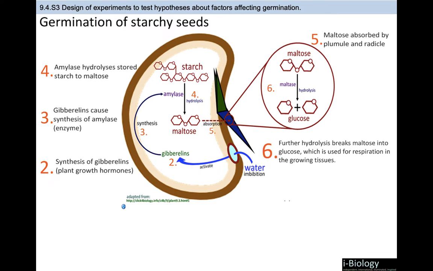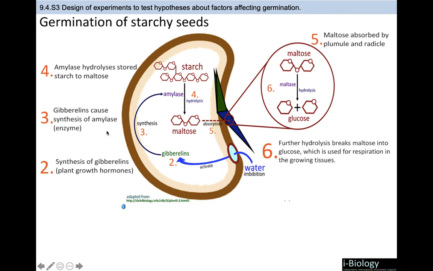And amylase is an enzyme that breaks down starch into maltose. So we see amylase hydrolyzing the starch that was stored in the seed into maltose. And then that maltose will be further broken down by maltase into glucose. And then the glucose can be used by the plant for cellular respiration, and it will eventually be able to create energy and ATP for it to grow.